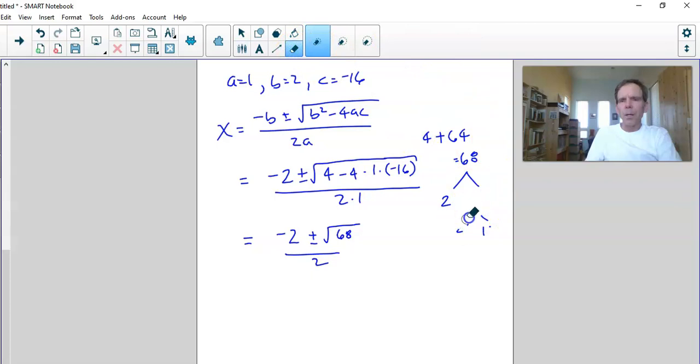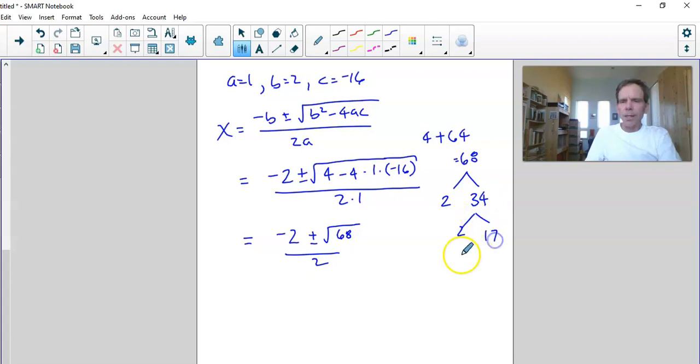Sorry. Almost made a mistake there. That would have been tragic. All right, half of 68 is 34, then 2 goes into that 17 times. So really, the square root of 68 is the square root of 2 times 2 times 17, and I see a pair of 2's there, so this is really 2 square root of 17.